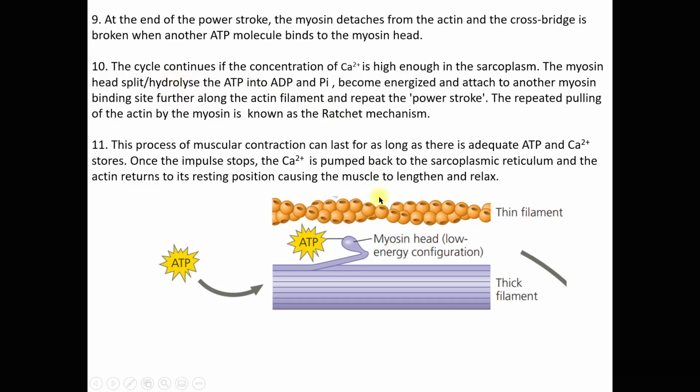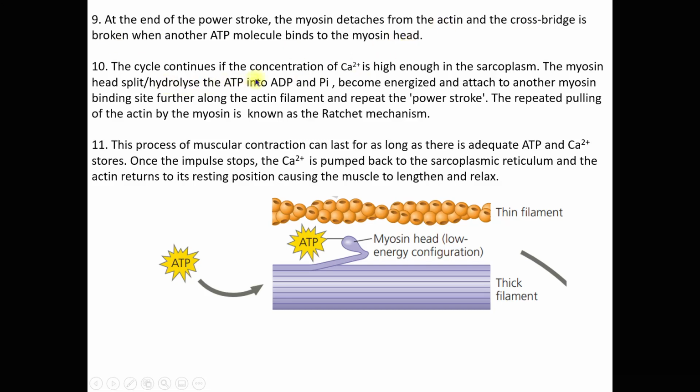Now, at the end of the power stroke, we have the myosin head in low energy configuration, right? So the myosin head detaches from the actin, and the cross bridge is broken when another ATP molecule binds the myosin head.